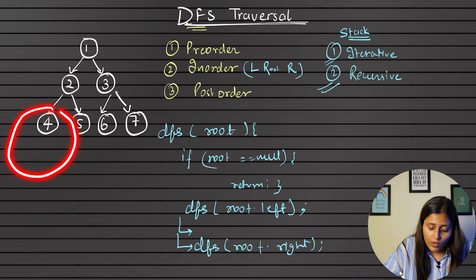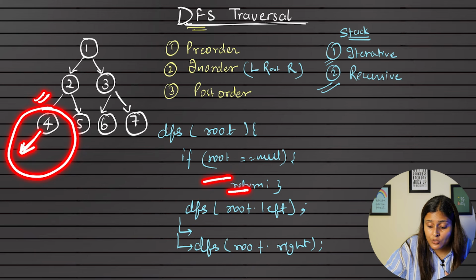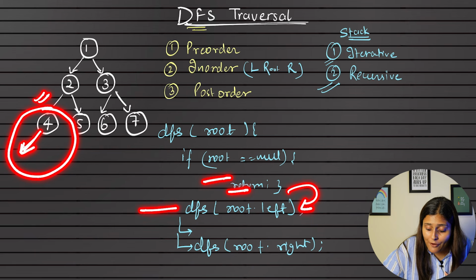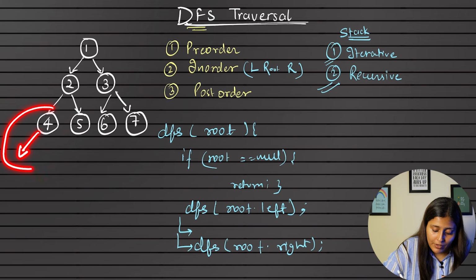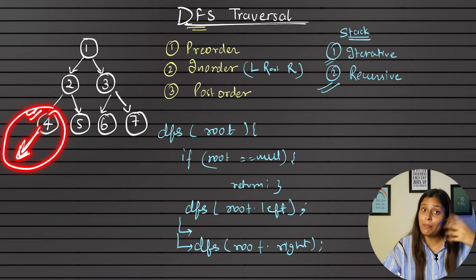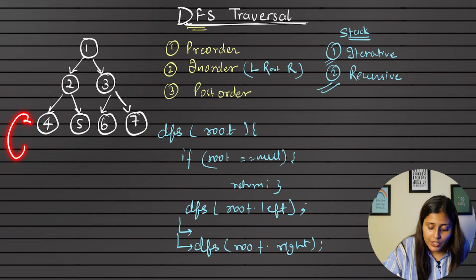Now again for 4, this is not left, this is still root. Now it will call for the left child. The left child will say, hey, I am null, so it will return after this line of code. Now we are here. When we were going down, 4 was acting as a parent. But now as we have returned, 4 is no more parent. 4 is 2's left.